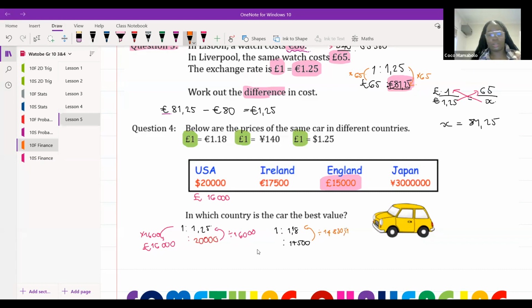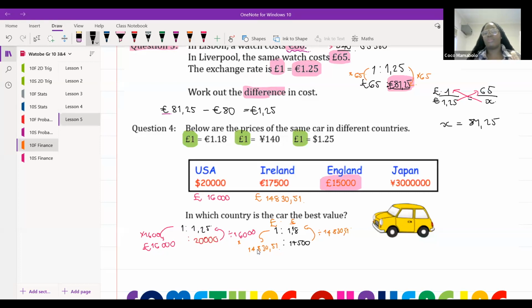Okay, all right, good. So that means when we go to the other side, we're also going to multiply by 14,830 and 51 cents. On this side it is in euros, and on the other side we have pounds. So in Ireland, the same car costs 14,830 pounds. Come on.